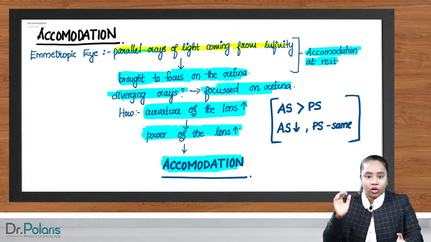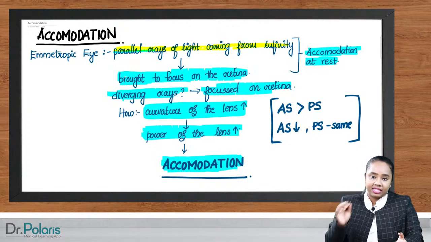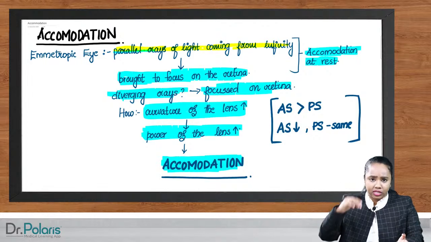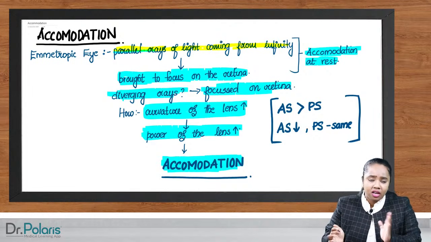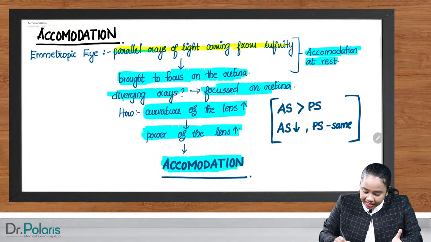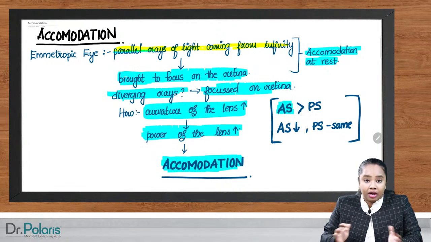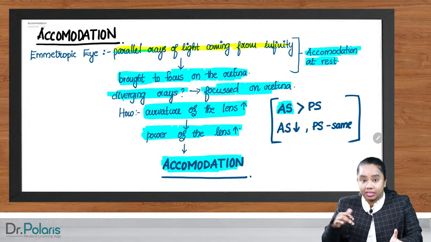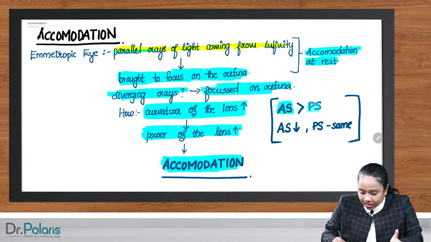Now, when you consider the lens, there is an anterior surface as well as a posterior surface. Usually, in a normal lens, the diameter of the anterior surface is more than that of the posterior surface.